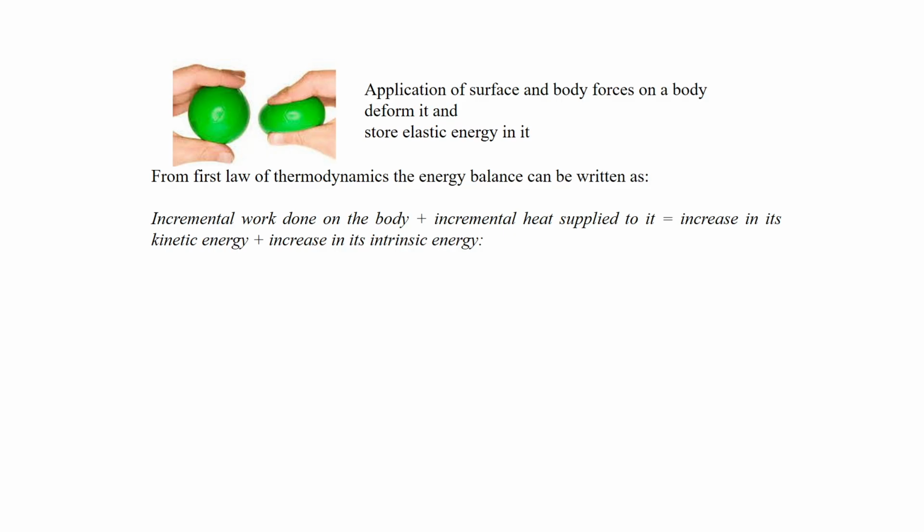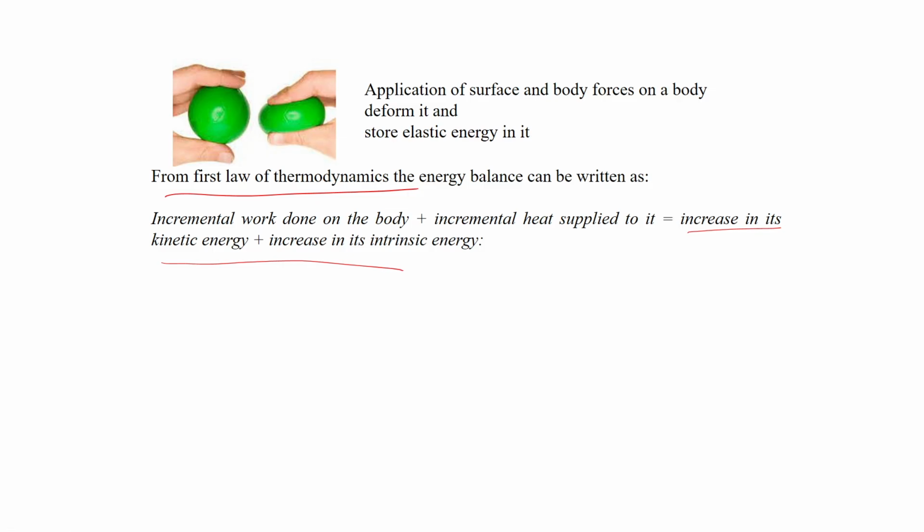This energy calculation can be done from the first law of thermodynamics, where the incremental work on the body plus the incremental heat applied to it should be equal to the increase in its kinetic energy plus the increase in its intrinsic energy. So, that is the way it should be.